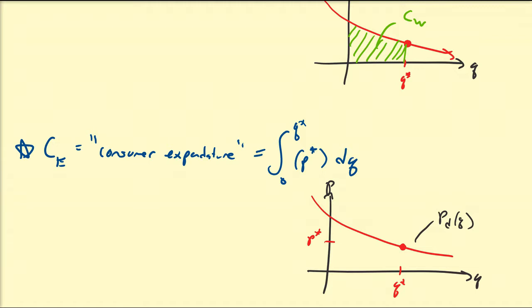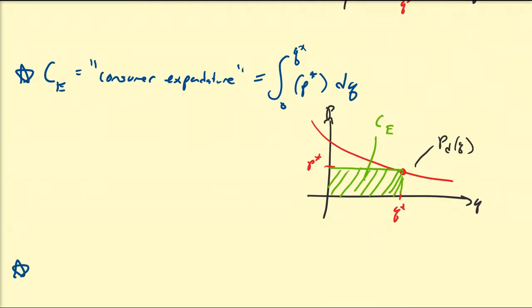So the area underneath P star from 0 to Q star is going to be this region here. So this is going to correspond to CE. And the consumer expenditure typically refers to, I'm not going to really get into the macroeconomic details of it, but it's related to the ability to acquire goods or services from a particular industry or service.